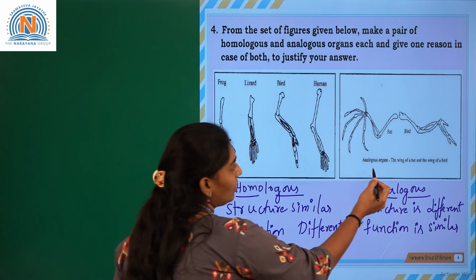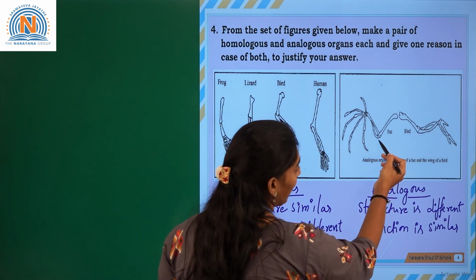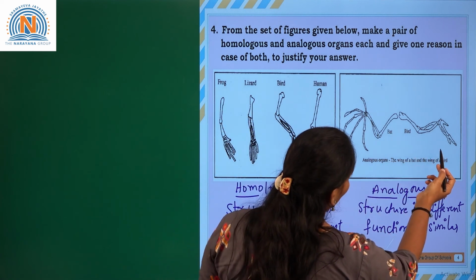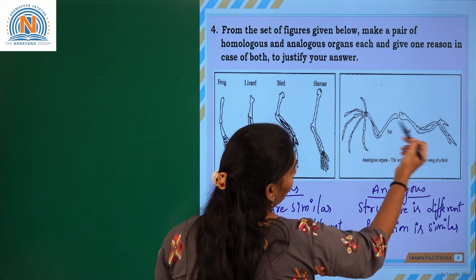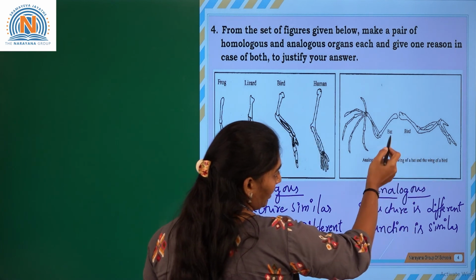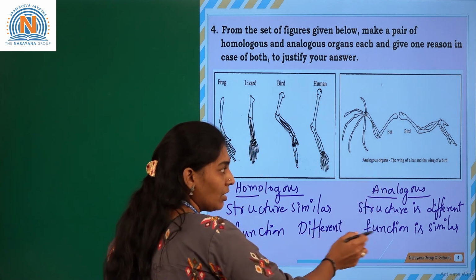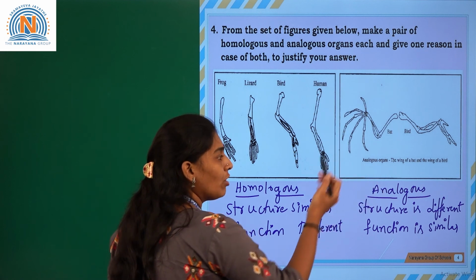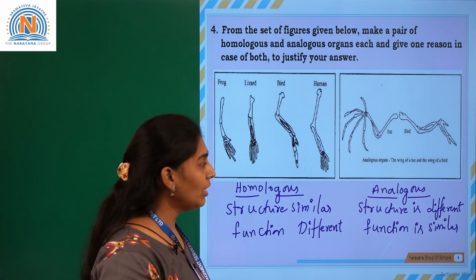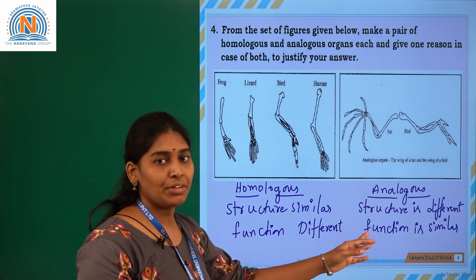When you see the patagium of this bat, and this one is the bird, the structure is different, but both have wings which are very useful for flying. That kind of organs are called analogous organs, which show convergent evolution.